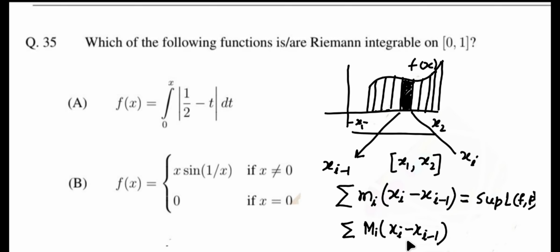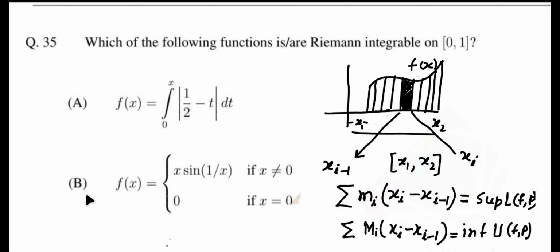If it is a range, then you have to take the least value of this range, and that is called inf U(f,P). If these two are equal for any function, then we say that the function is Riemann integrable.